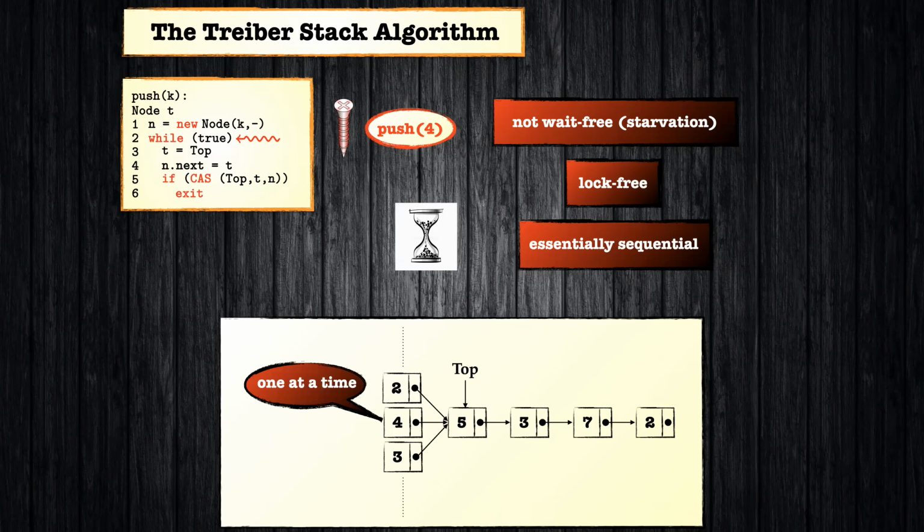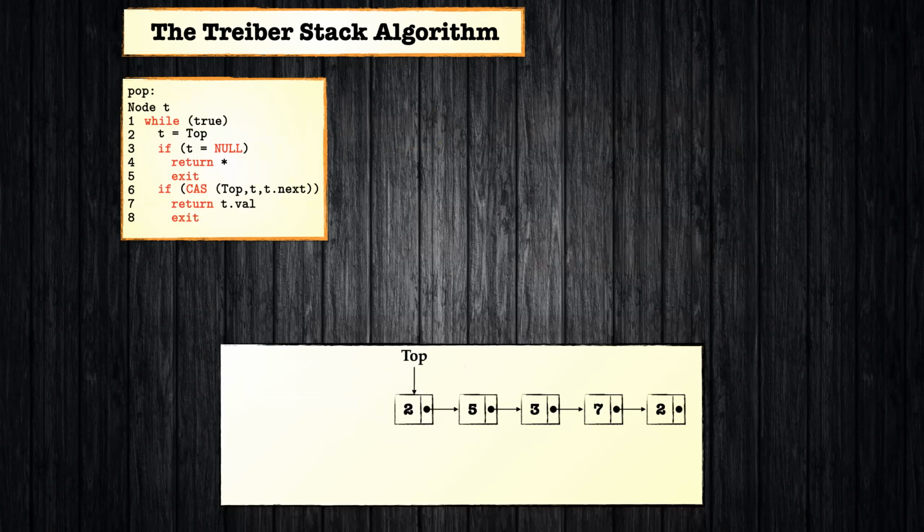There are other algorithms to implement stacks that will allow threads to operate more concurrently, and therefore they are more efficient. But we will not go through them in this course. Okay, so this was a simple instantiation of a framework where we use CAS instructions.